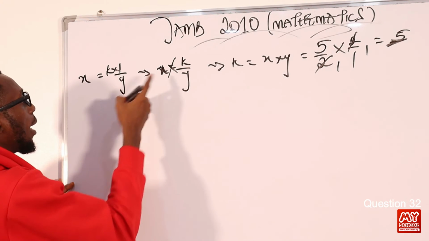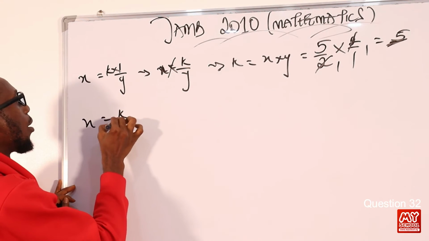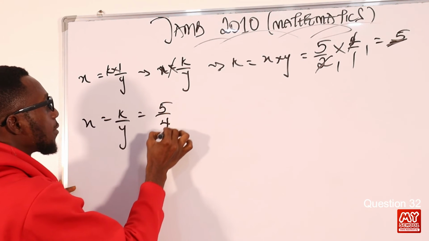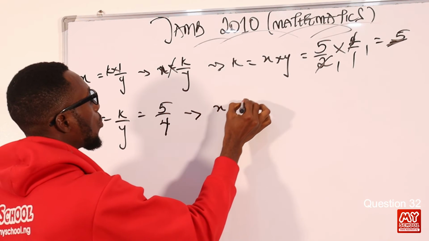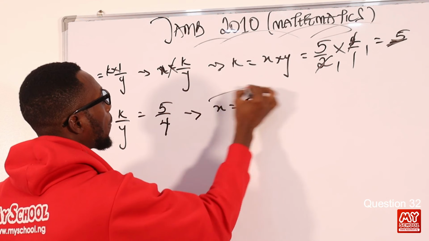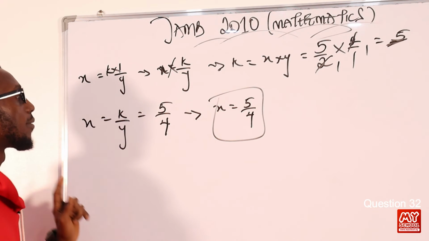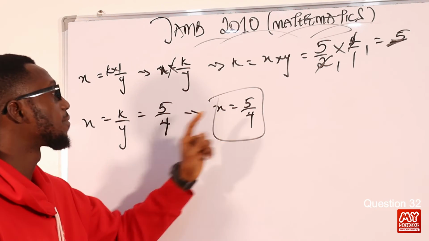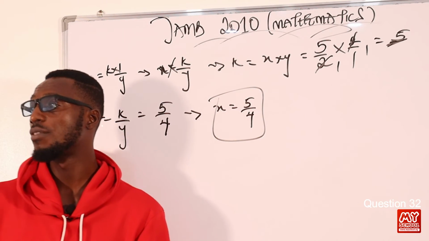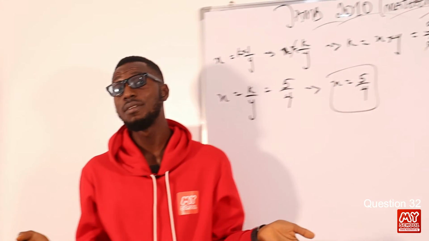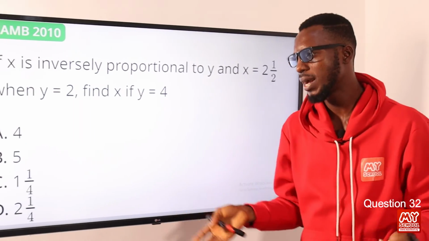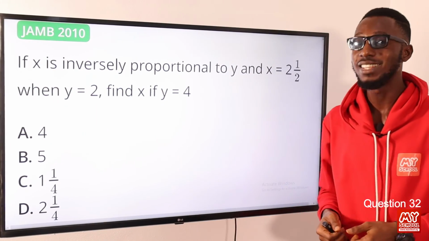So from here, x equals k over y. So that is 5, then y now is 4. Therefore, x equals 5 over 4. So when y is 4, our x is 5 over 4. Let's see if we have 5 over 4 given to us, or in the form of 1 and 1 over 4 as a mixed fraction. We can find that in option C. So option C is the correct option.